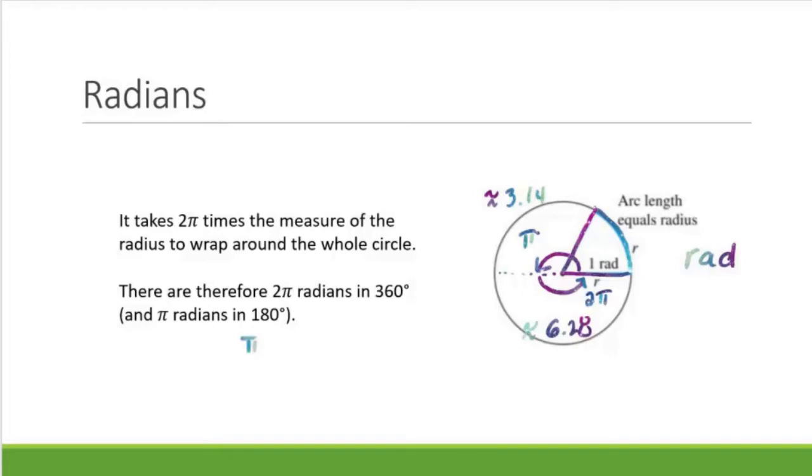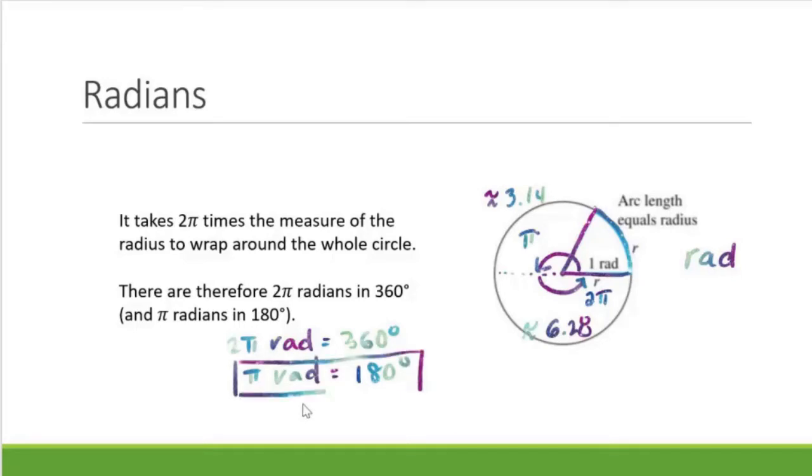So for every 2 pi radians, we travel 360 degrees, or put another way, pi radians is equal to 180 degrees. Because the second one is a little bit simpler, it's usually the one that we use when we're writing conversion factors.